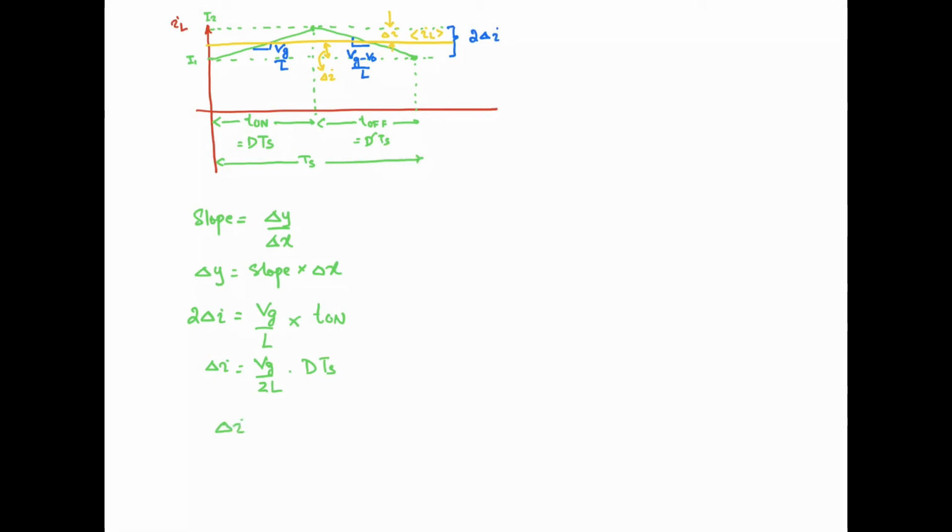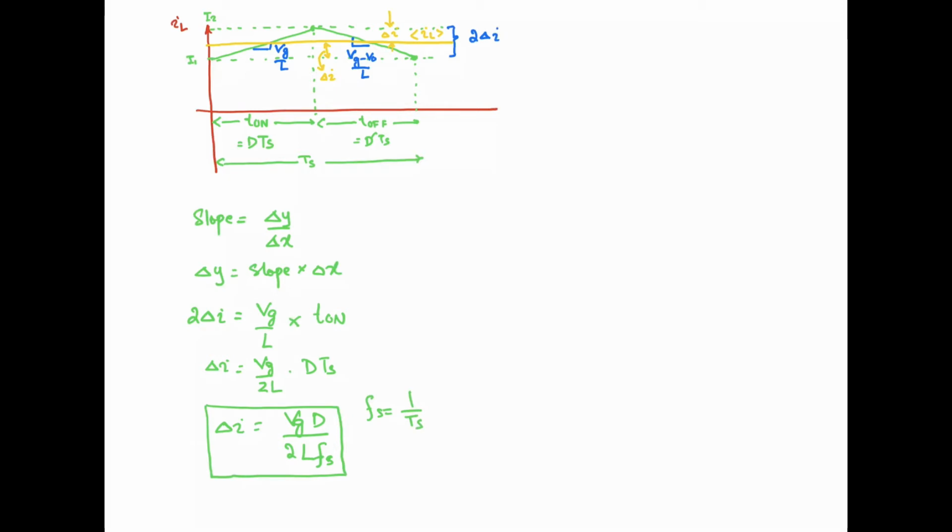So delta I can be written as Vg into d divided by 2L into Fs. So what is Fs? Fs is the switching frequency, that is the inverse of the time period Ts, right?